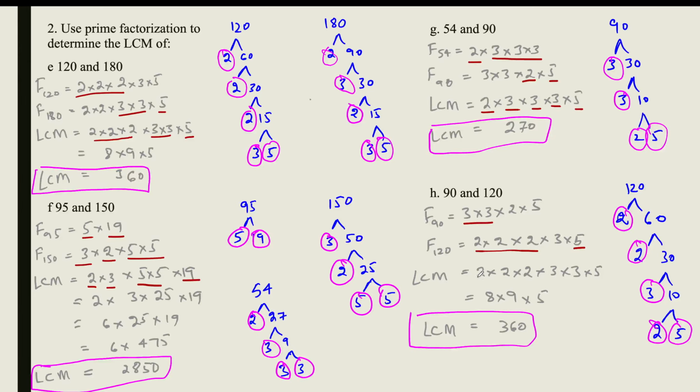So it would be 2 raised to the power of 3, 3 raised to the power of 2, and 5 raised to the power of 1. So we do the multiplication, we get 360, which is the lowest common multiple of 90 and 120.